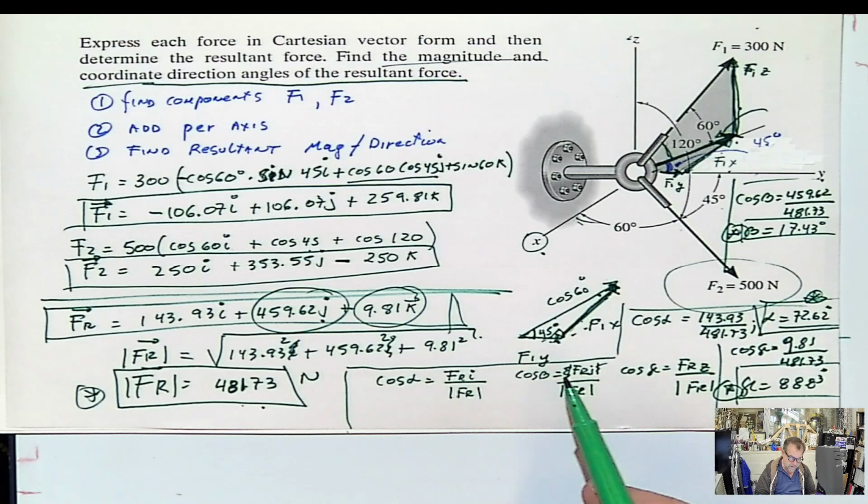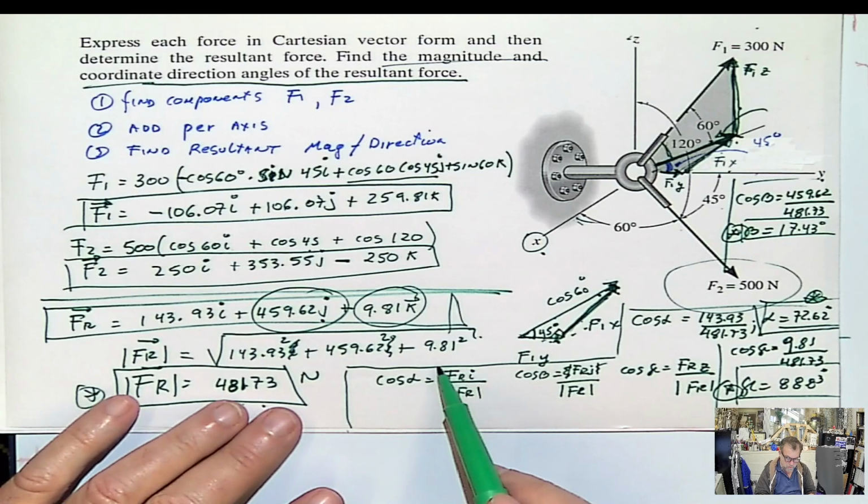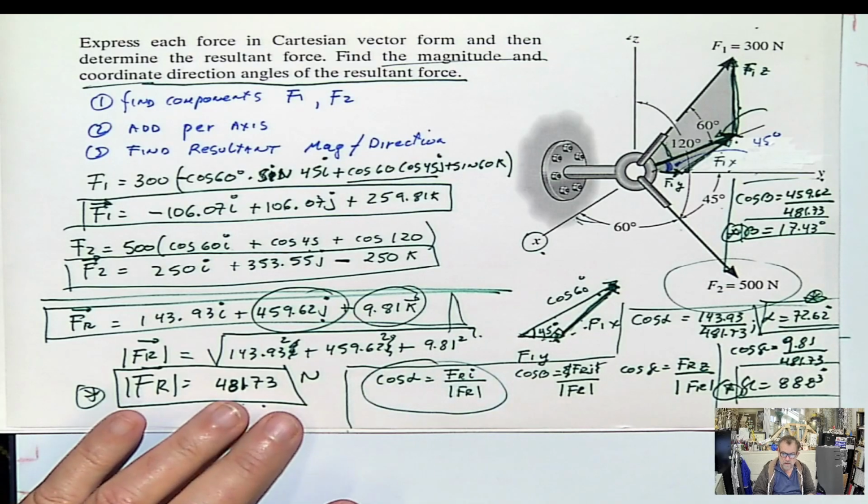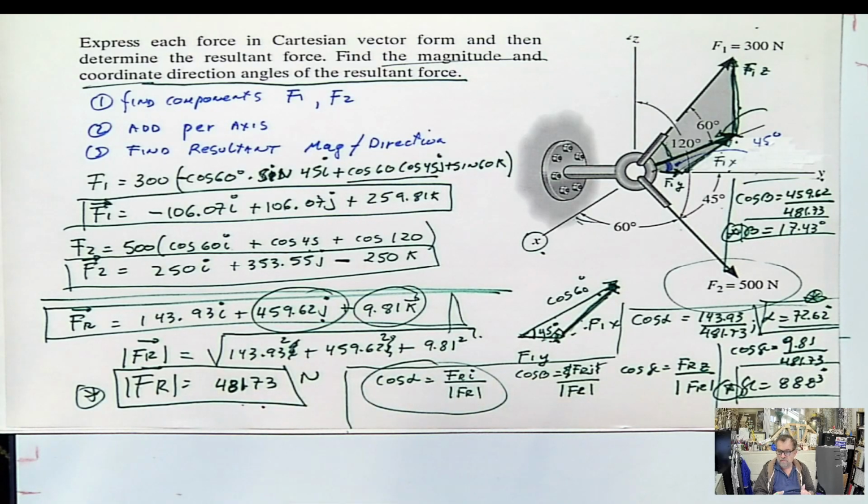It's just the same thing, alpha, beta, and gamma. The only thing I added in this problem, which is not new because you already covered it in the lecture, is this: cosine alpha is the value of the coordinate in i divided by the magnitude, cosine beta is the value of the coordinate in j divided by the magnitude, and cosine gamma is the value of the component in z divided by the magnitude. That's it, nothing else. I hope the next one is going to be better than this one.